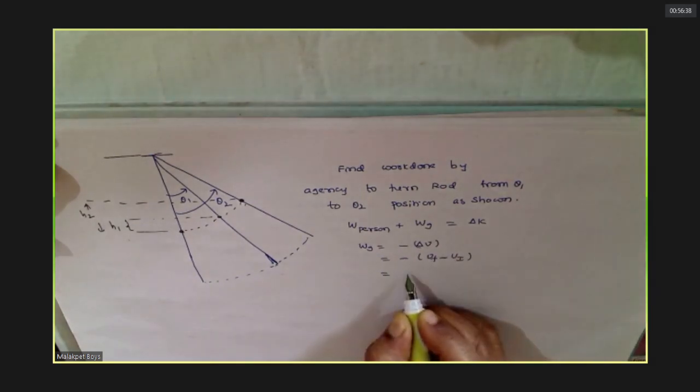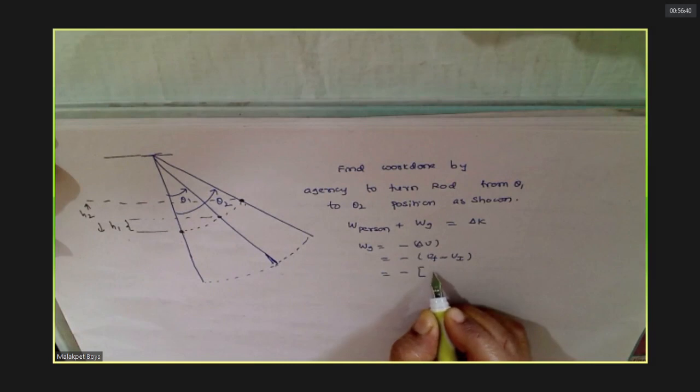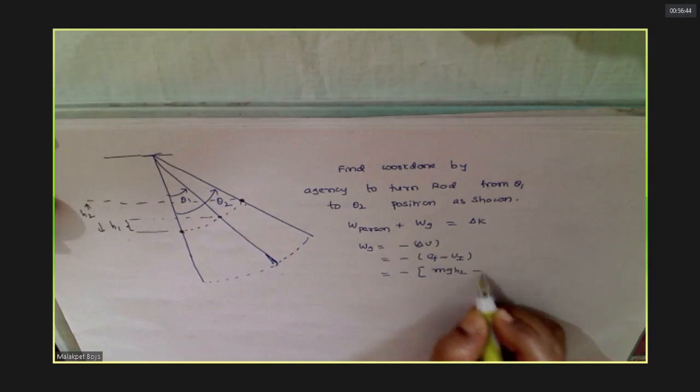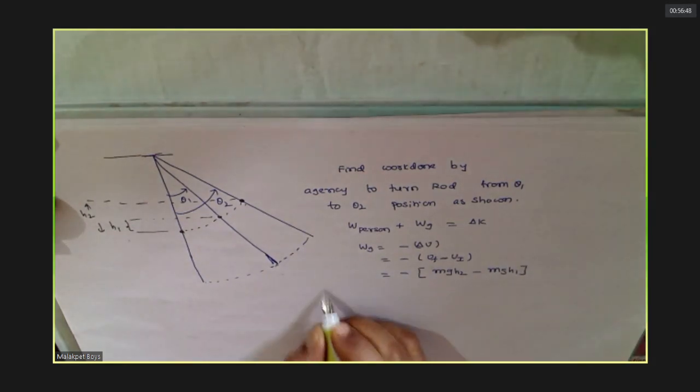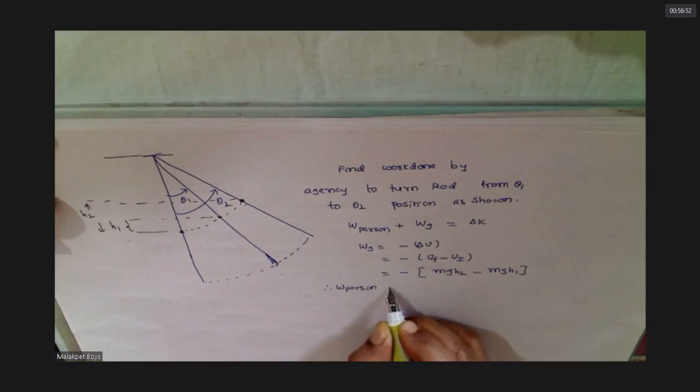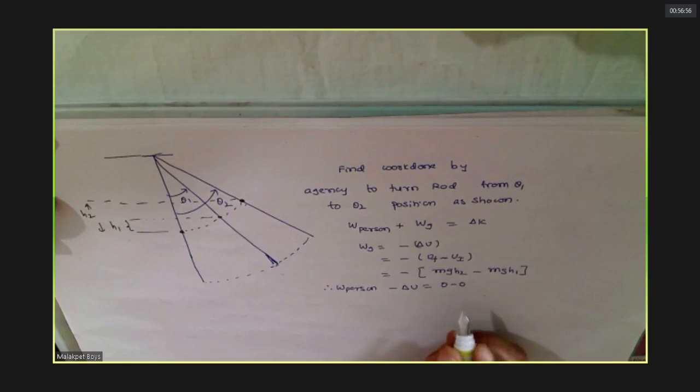So this is minus, what is the final one you have? mg h2. Initially mg h1. Do you agree with this? Therefore, work done by person, finally it is at rest, initially it will be at rest. Do you agree with this?